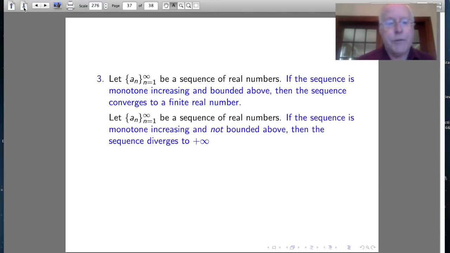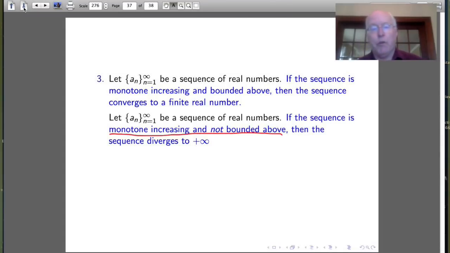On the other hand, if the sequence of real numbers a sub n is monotone increasing and not bounded above, that means no matter what number you pick, you can find elements of the sequence bigger than that number. If the sequence is increasing and not bounded above, then the sequence must diverge to infinity. No other choice there. And again, we'll use this result quite often in our study of infinite series.